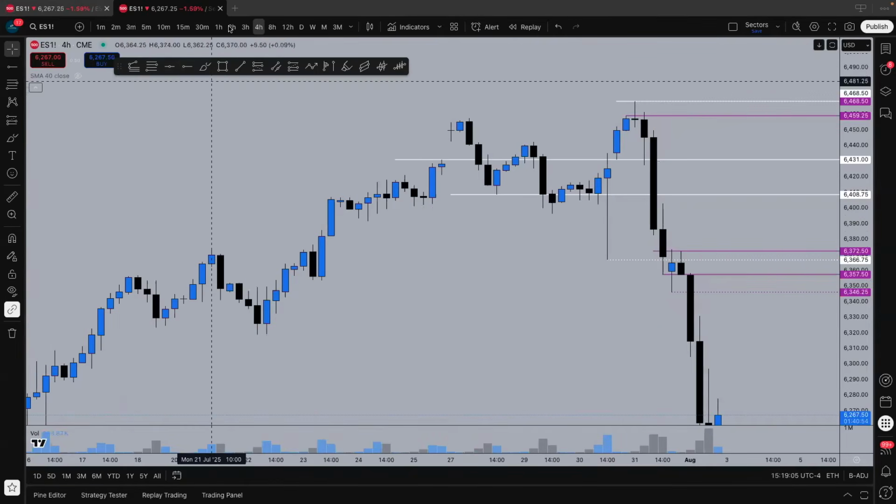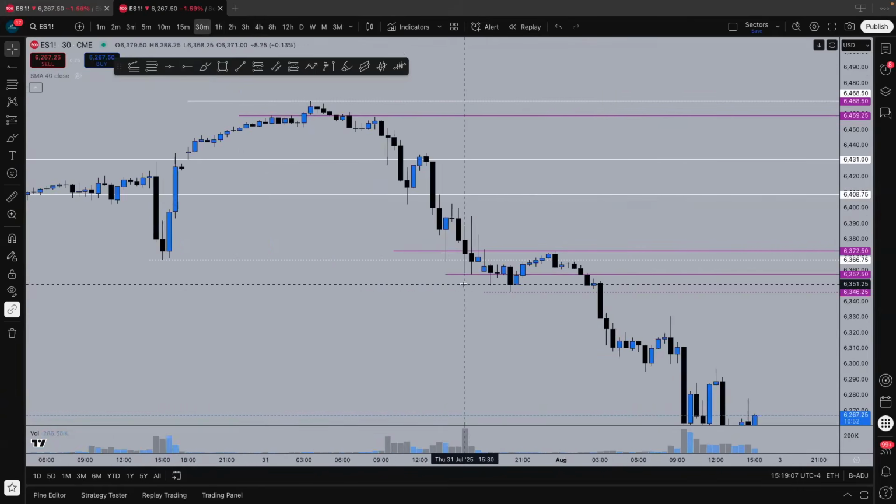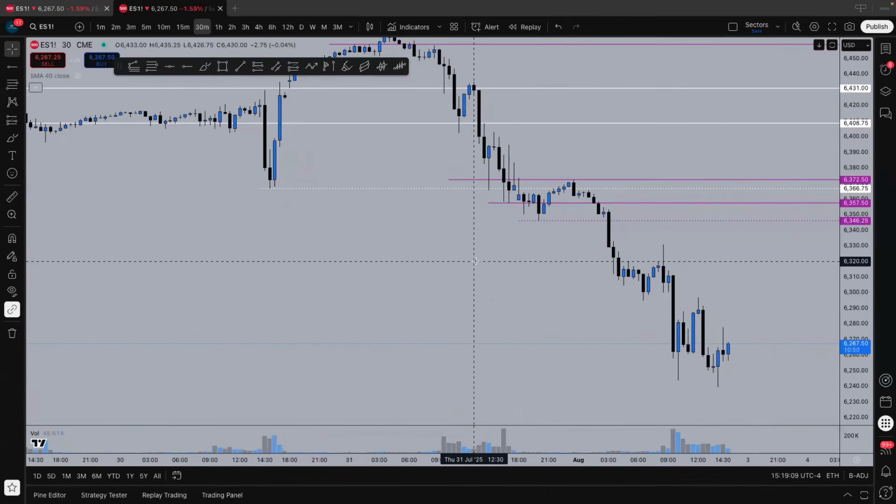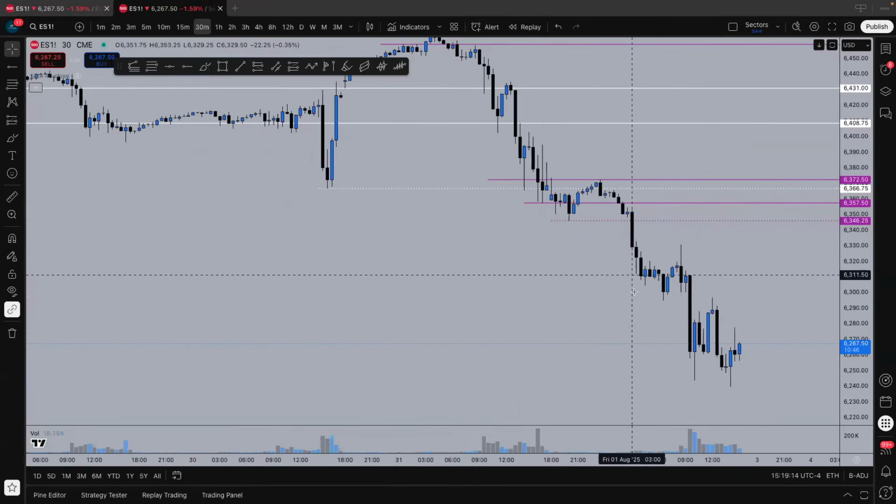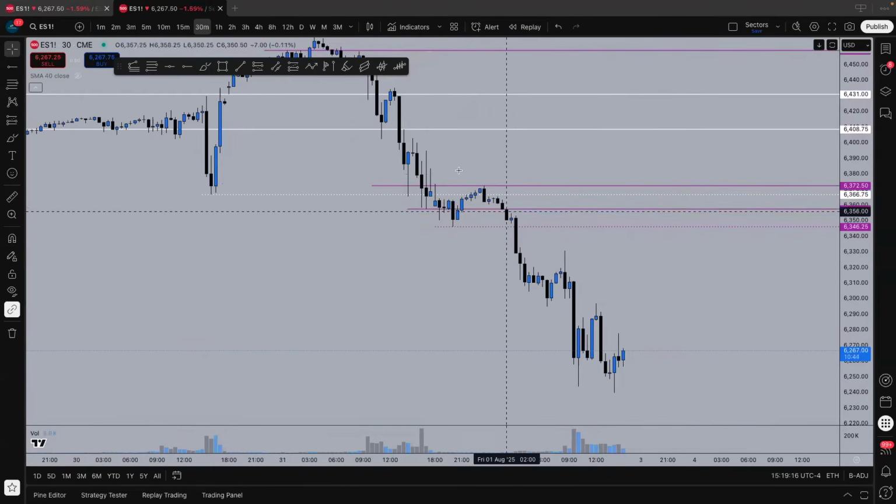And then I would go down to like an M30 or an H1. And when I say or, I'll get into that in a minute. But when I was going into the market this morning, we had this 4 hour consolidation area. Then the market pushed down. And what I might do here is start to make some adjustments.